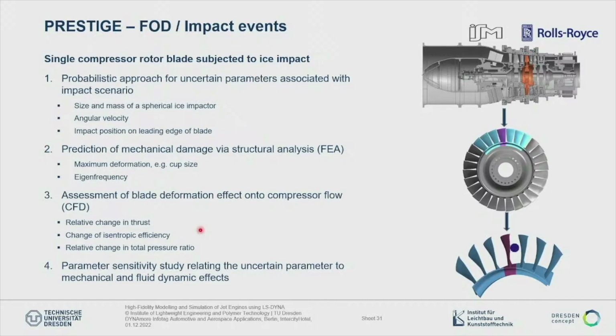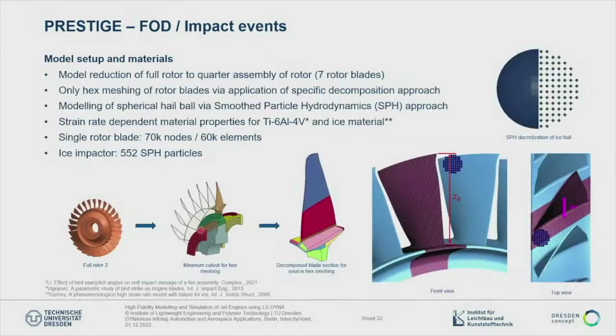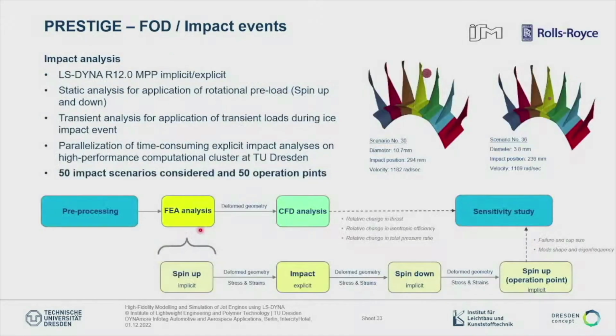What we want to do is run impact experiments, then map the resulting deformations, run down the model, run it up to a different working point, extract the resulting deformations, and transform them into the CFD, where the CFD then predicts thrust and resulting efficiency. Based on the pressure points, this can be mapped back into the model to do further structure analysis.